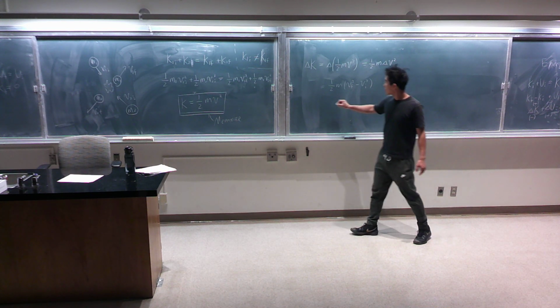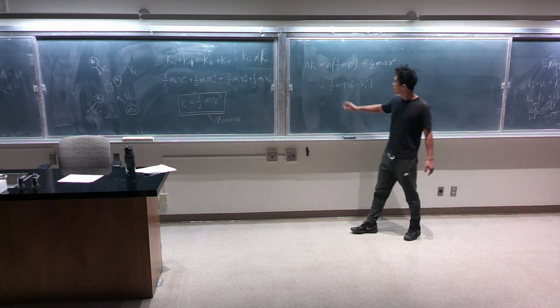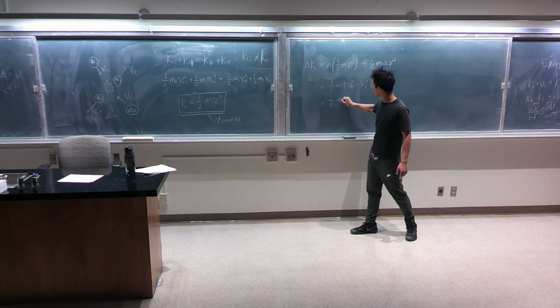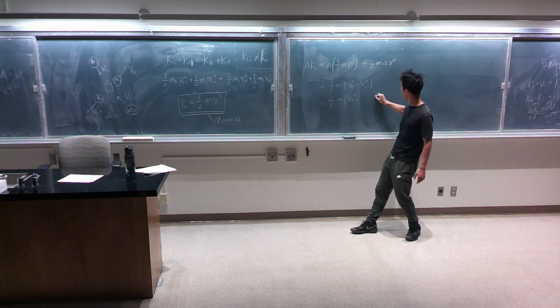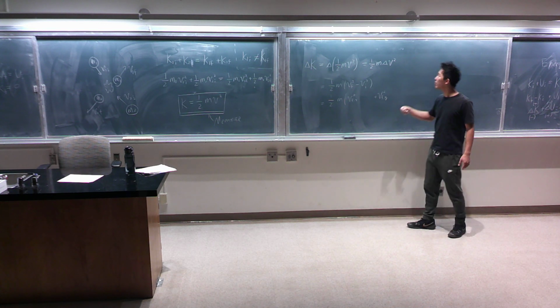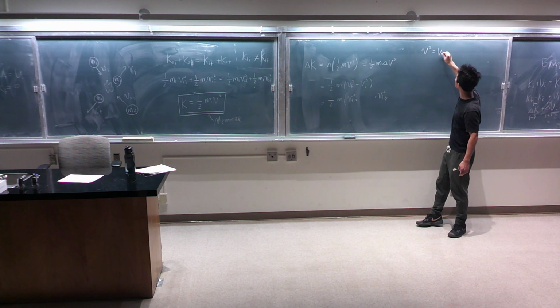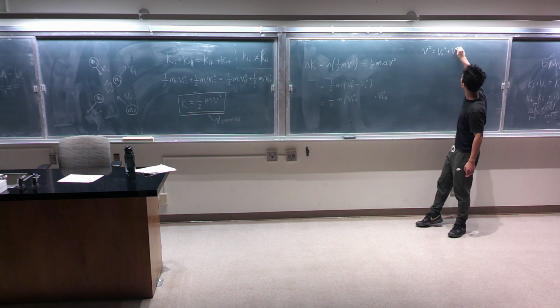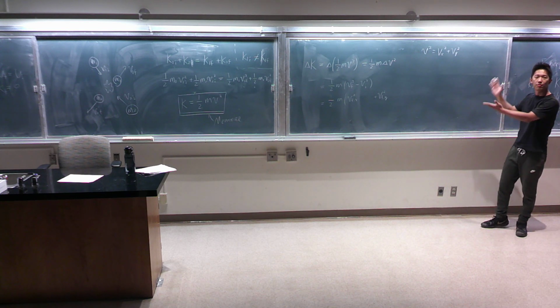Now, final velocity has x component and y component. If you remember, velocity squared, which is speed squared, will be vx squared plus vy squared because it is the magnitude of that vector squared.